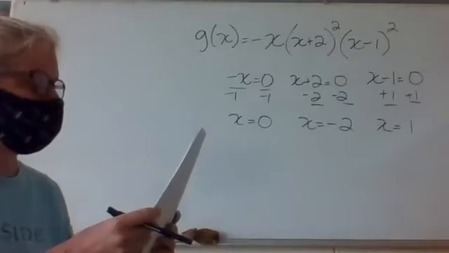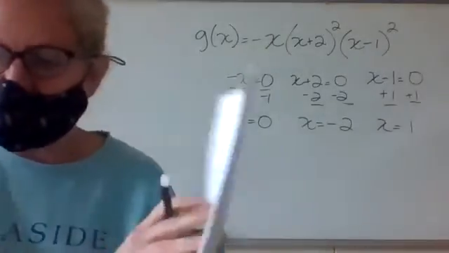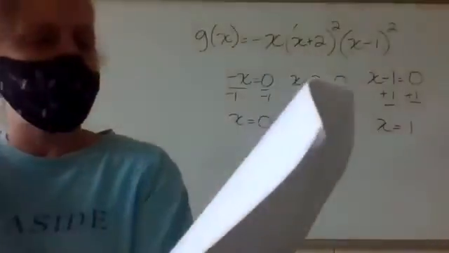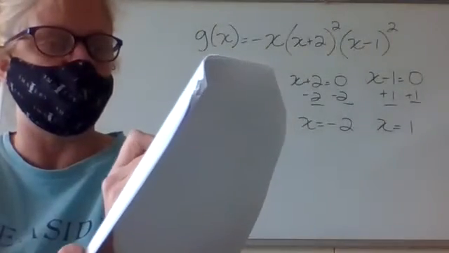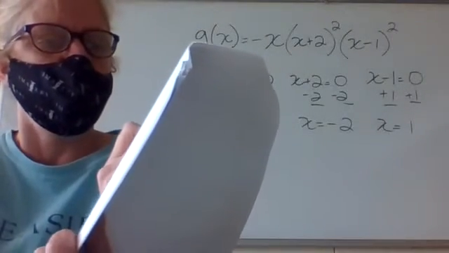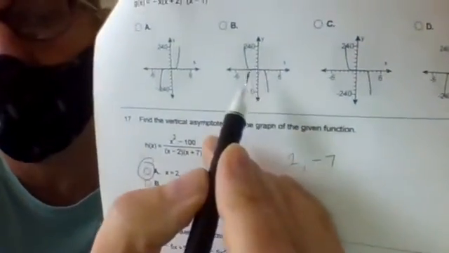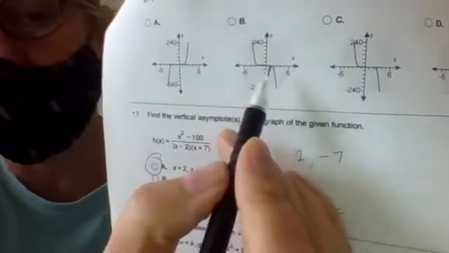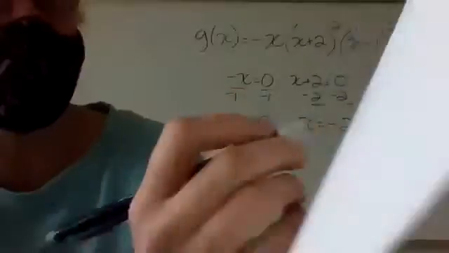When you're looking at the difference between B and C, and again, they're so similar. If I'm looking at B, and you should have a magnifying glass next to this problem, it does touch at -2 and +1.